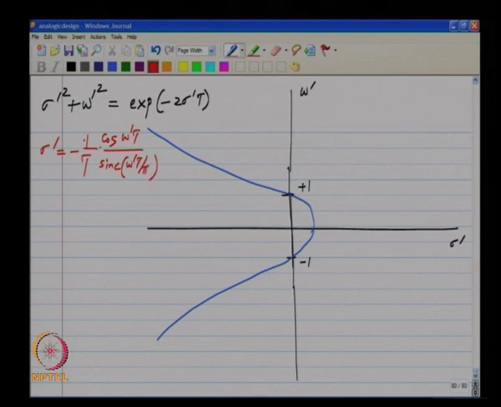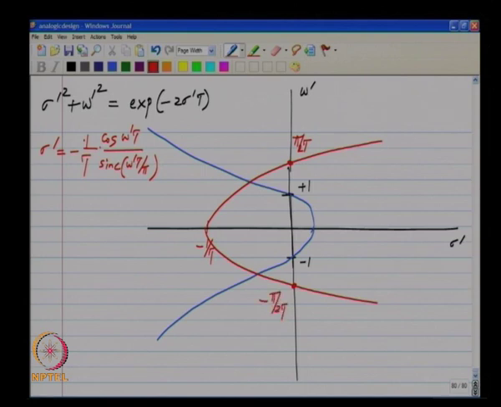This has a value of minus 1 by tau for omega prime equal to 0, and then it goes off like that, and it intersects the y axis at pi by 2 tau and minus pi by 2 tau.